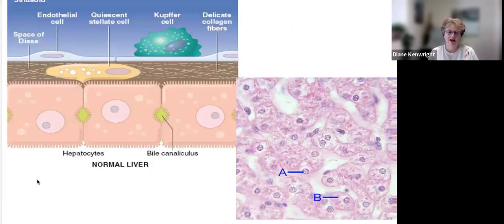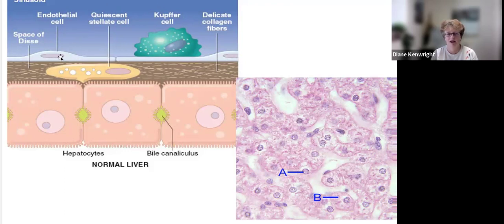In the liver, there are various cells. There are the hepatocytes, and between them are the little bile canaliculi. So the bile canaliculi will drain into the tiny bile canals between the cells and then head off towards the portal tract. Other cells that are in the liver are here. This is the sinusoid where the blood is.